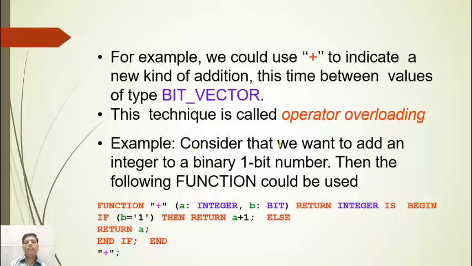Example: consider that we want to add an integer to a binary 1-bit number, then the following function could be used. Function plus, a integer, b bit, return integer, is begin. If b is equal to 1, then return a plus 1, else return a.